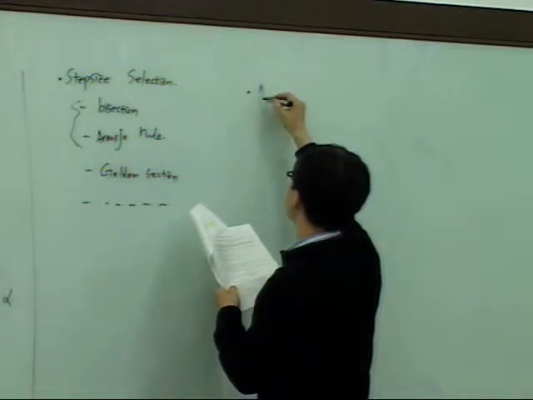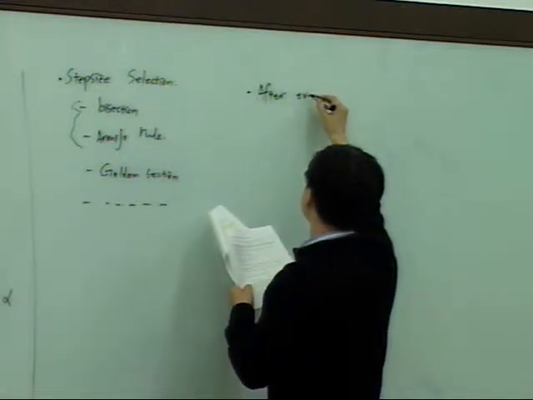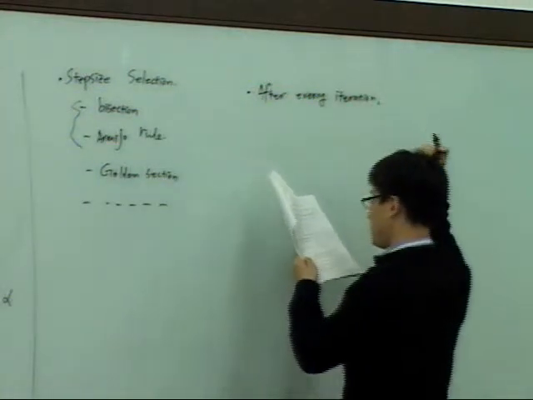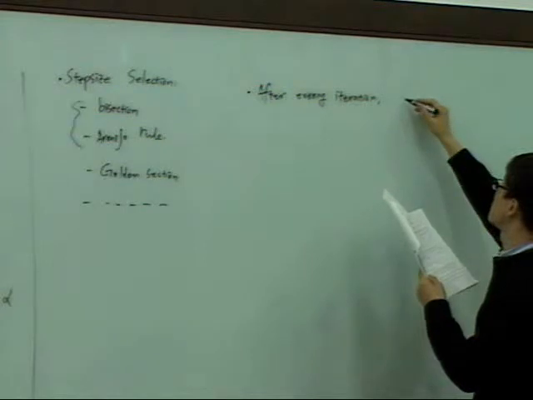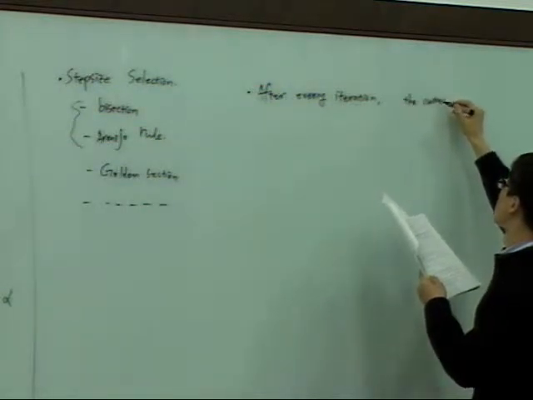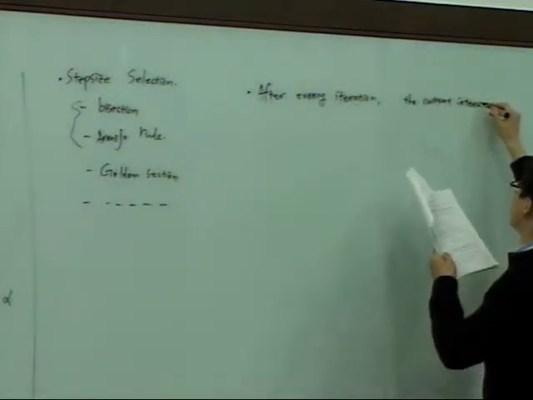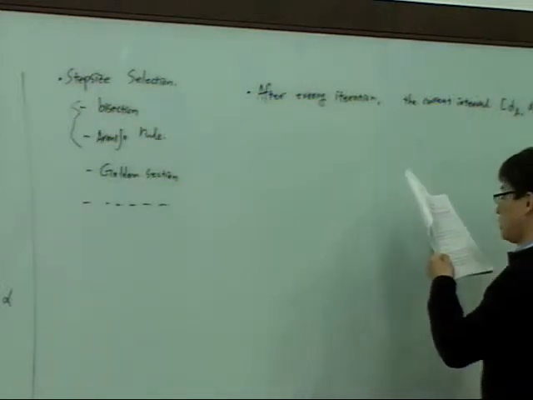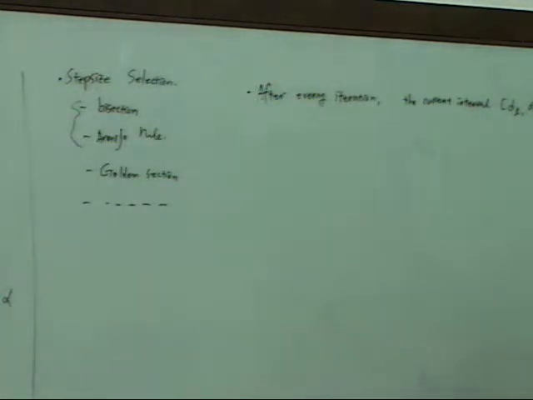It is true that after every iteration, the current interval, alpha lower to alpha upper, must contain this alpha bar, such that theta prime of alpha bar is equal to 0.